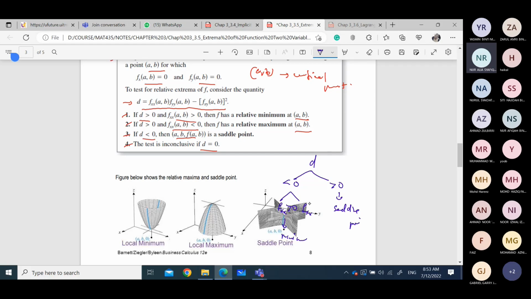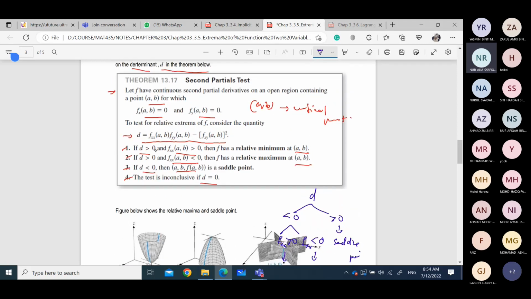If the second order derivative with respect to x is less than 0, it means that the surface has a relative maximum. Okay, boleh. So kat mana kita nak apply second order in this part? Okay, right. Any question?